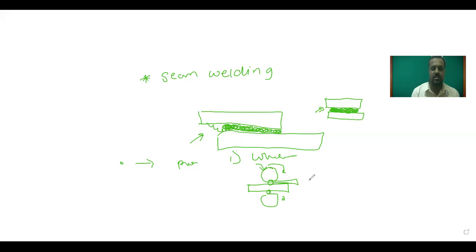And now what is the symbol for seam welding? See the symbol for seam welding: it will be the spot, and that spot will be continuous. This line is indicated for continuous. Like this.